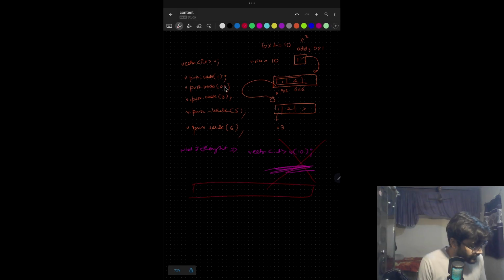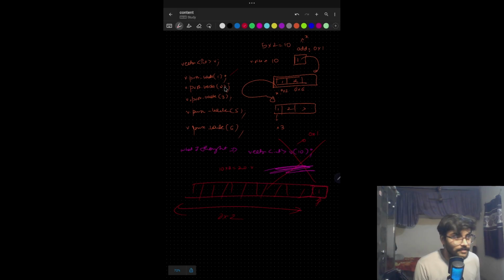It would create a 10 size vector. Then if I do v dot push back, it would create another place, becoming 10 into 2, a 20 size vector, and then push 1 in that position. If the vector had 0x1, the whole vector will now have 0x2, because you have to copy the contents also. So that was my mistake.